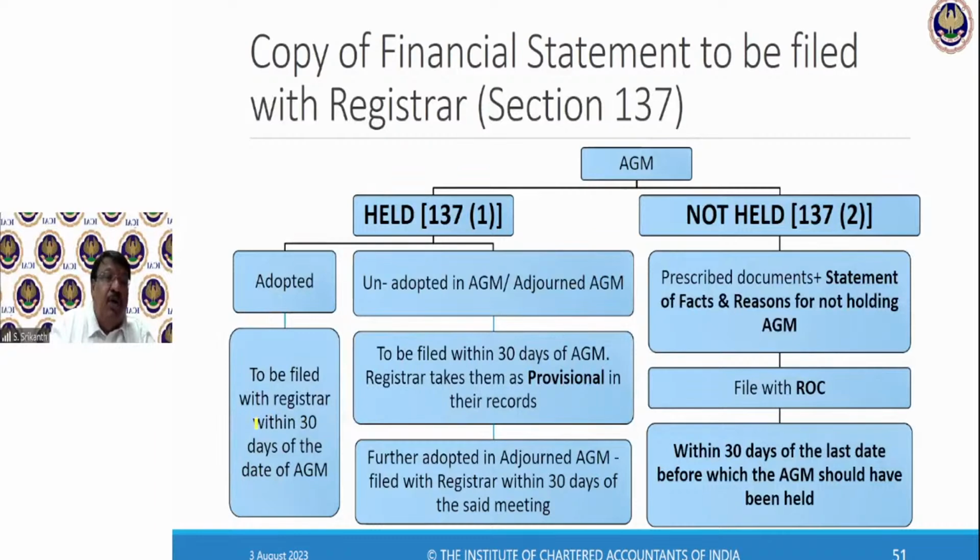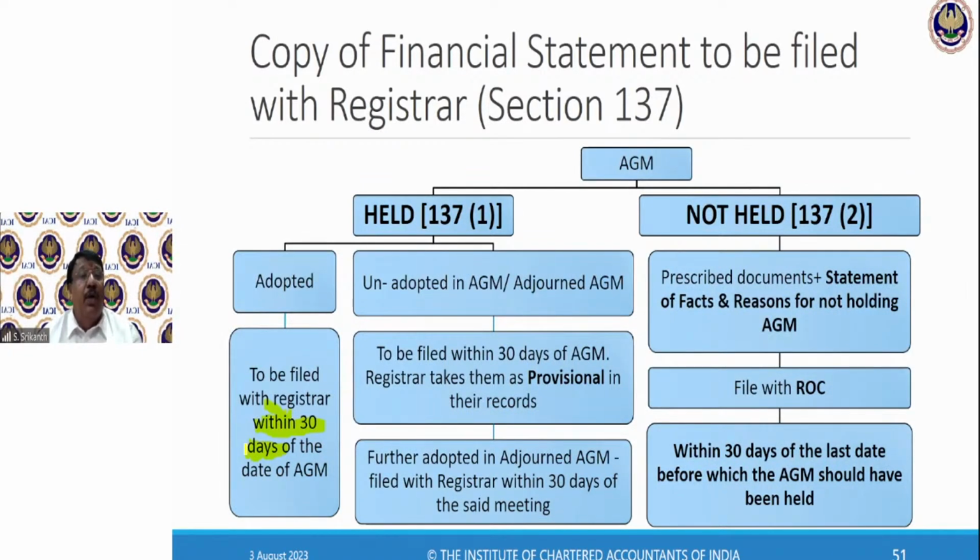Maybe you can, if you want, I will highlight it. 30 days of the AGM. If it is not adopted, it is a rarest of rare case. I am yet to hear of an AGM not adopting it. Maybe it's a highly disputed company where the shareholders are not cooperating.